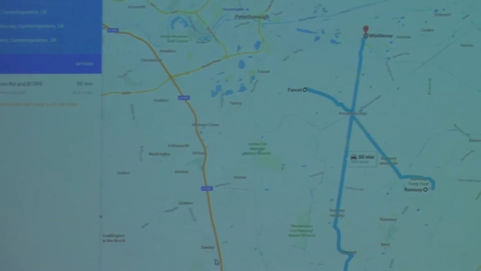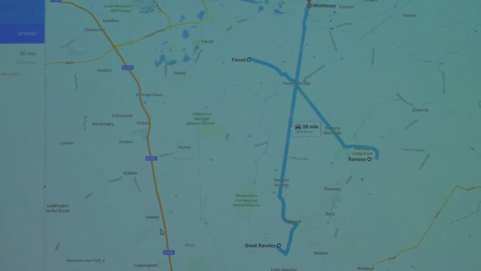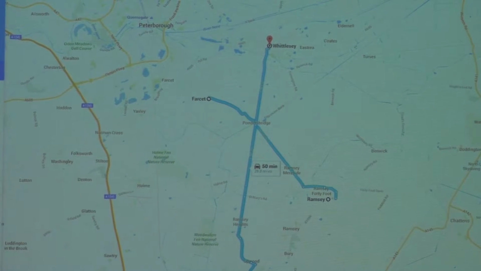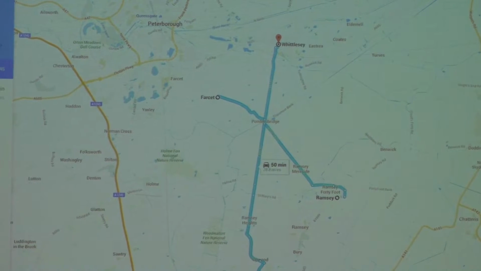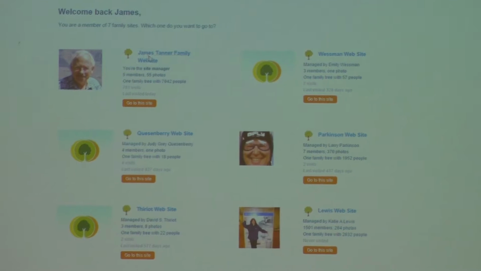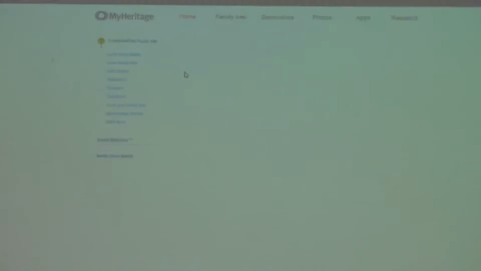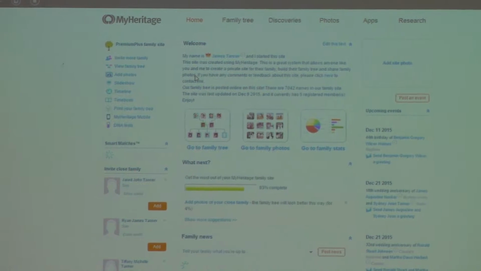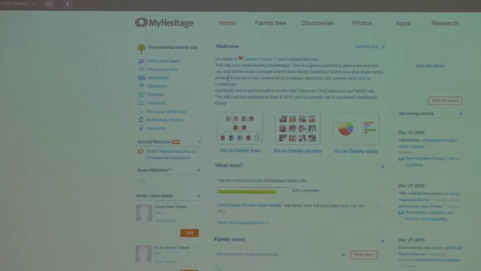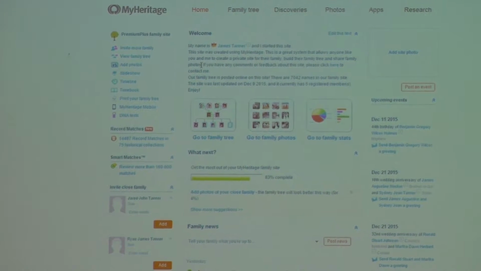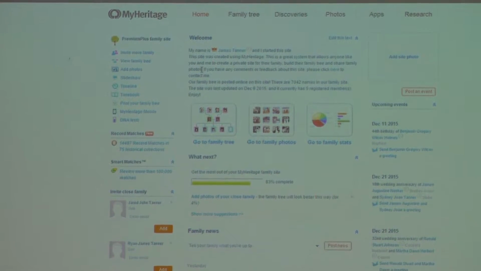So now that we have all of that information, we basically begin to understand where these people are, then we can start using the programs to find more information. And so what I wanted to do was to go through and show how we would go about finding that information and using the record hints that are on MyHeritage.